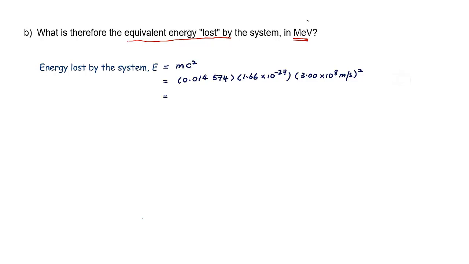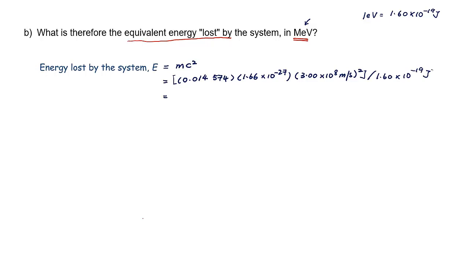But I want it in mega electron volts, so I will need to convert this value. 1 electron volt is equal to 1.60 times 10 to the power of minus 19 joules. So I can divide this whole value by 1.60 times 10 to the power of minus 19 joules.